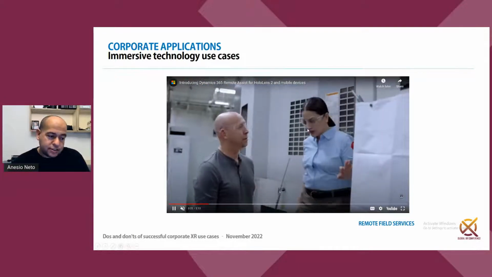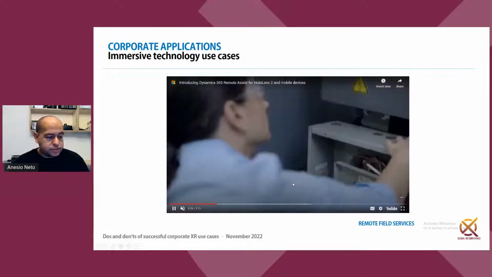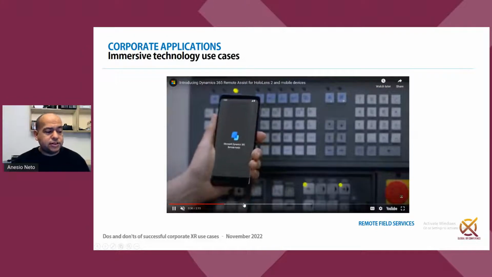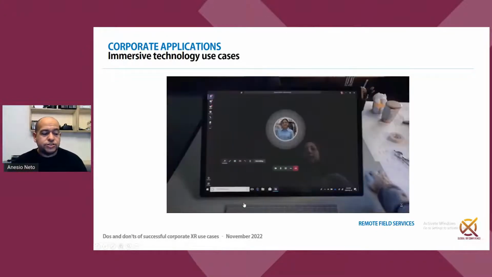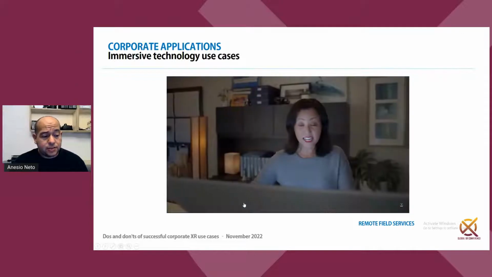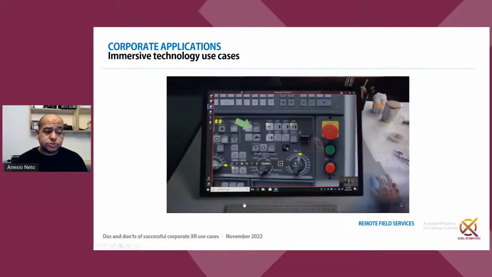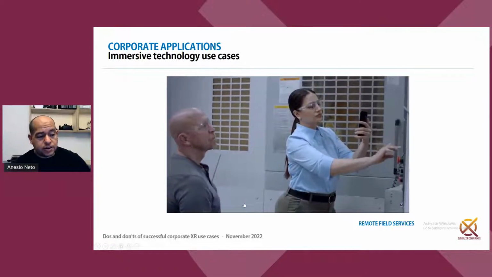She identified the problem, and now she's going to connect with the person in the back office and ask for help. First, they are trying to use mobiles to connect. So she is sharing the images that are coming from the field to the expert that is in the back office. And the expert is giving some instructions and saying what she should do to make it work.